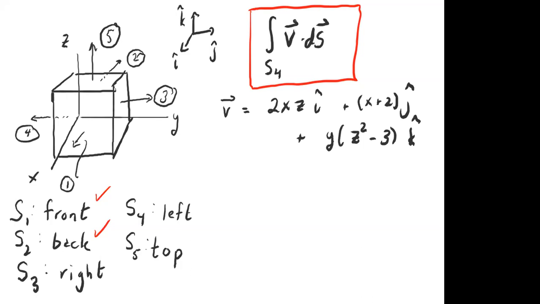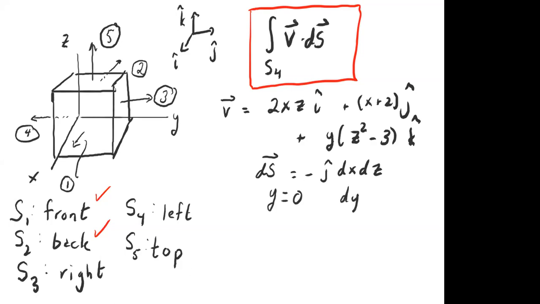Over surface 4, the differential surface element is minus j hat dx dz. Again, make sure you understand these differential surface elements, where they come from, why they are what they are, and there's ample practice for this in problem set 3. So along surface 4, it turns out that y is 0.